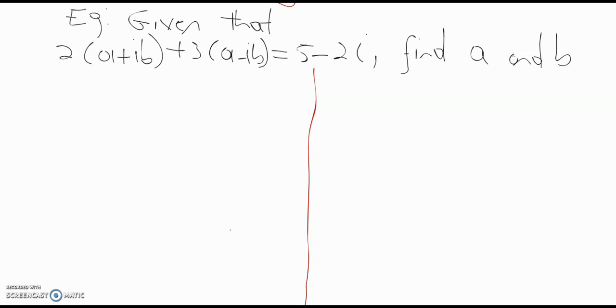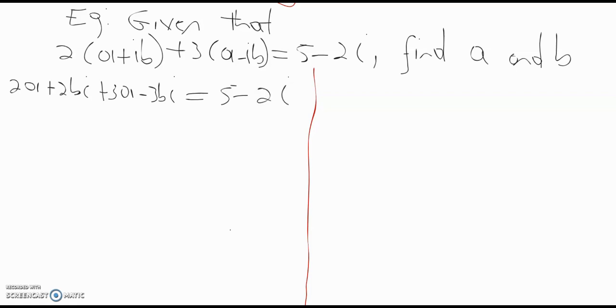But we're going to have to do some tidying up first. Let us start by expanding the brackets. So we have 2a plus 2bi, and of course I could put the i at the front, i2b, it doesn't matter, plus 3a minus 3bi equals 5 minus 2i.